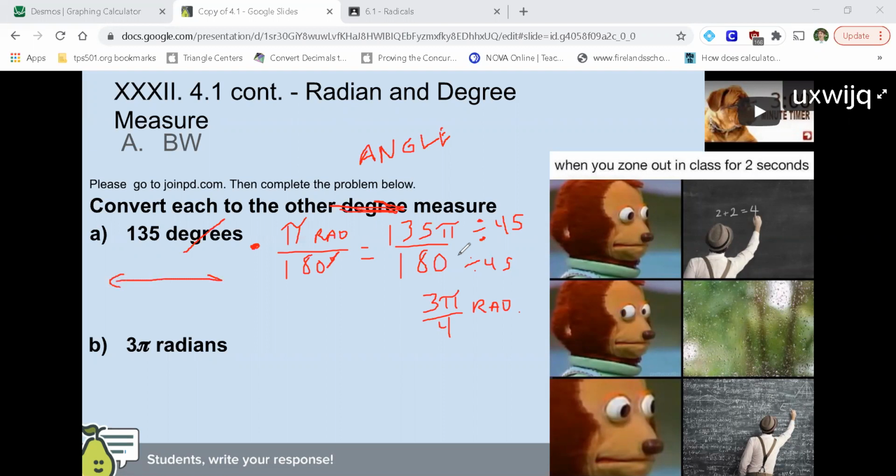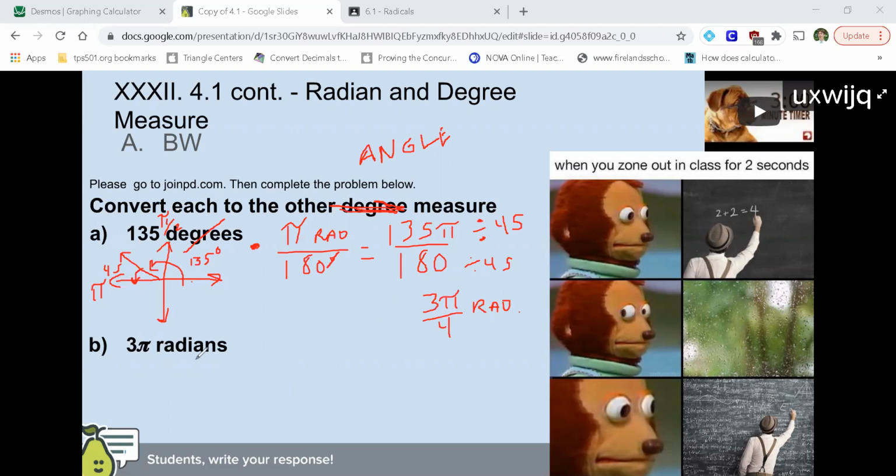If you think about it and you draw a little graph, this angle right here is 135 degrees, or this portion right here is 45. And so if pi radians is 180, and pi over 2 is 90, then this angle is right between those two, so it's 3 pi over 4.